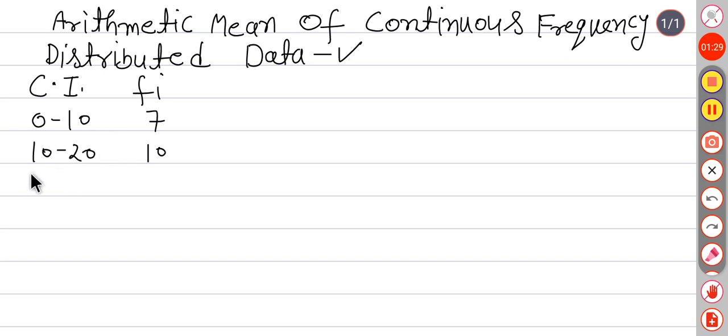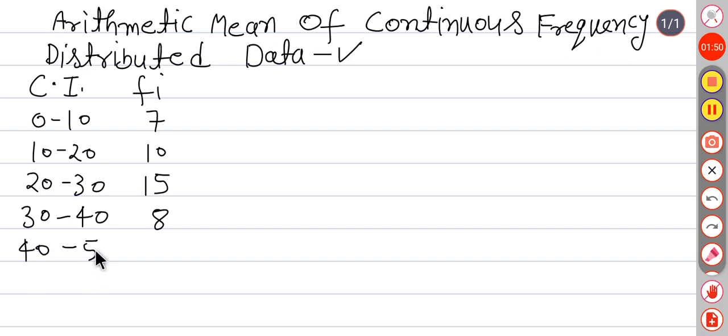From 20 to 30 there are 15 observations, from 30 to 40 there are 8 observations, and from 40 to 50 there are 10 observations.